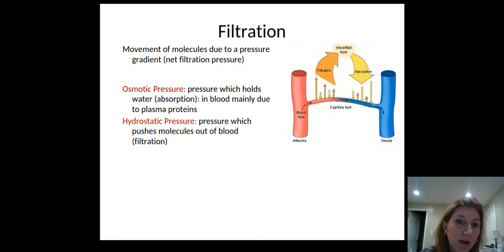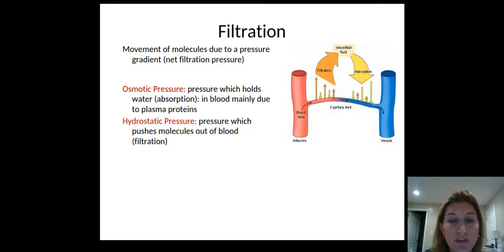You have osmotic pressure and hydrostatic pressure, which will balance out and create this thing called net filtration pressure. One's pushing something out, one's pulling something back in, and they are opposing forces, and they play a huge role in our digestive system, in our circulatory system, in our respiratory system.